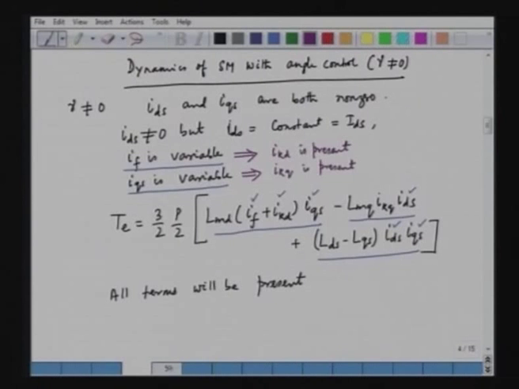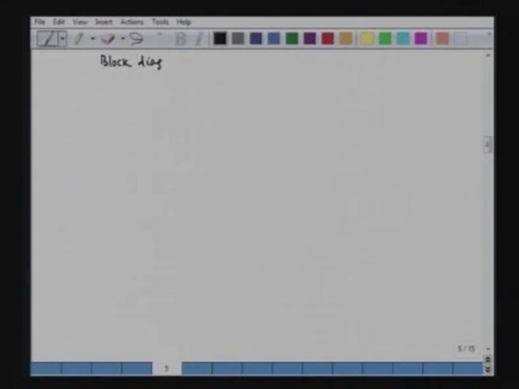Now, let us draw the block diagram for the torque production. We can draw the block diagram for the torque production in the following way. So, we have, let us say, the field current, and the field current is changing, and due to the change of the field current, we will have a damper current.